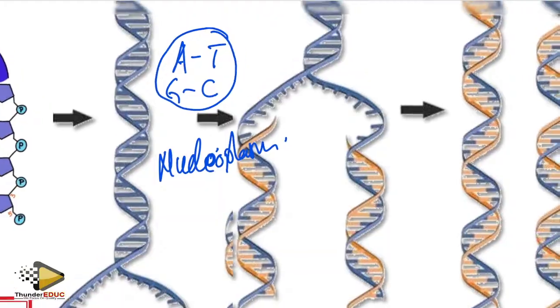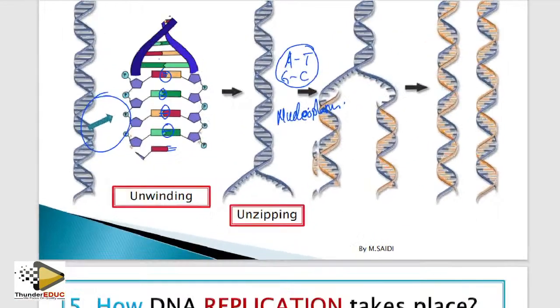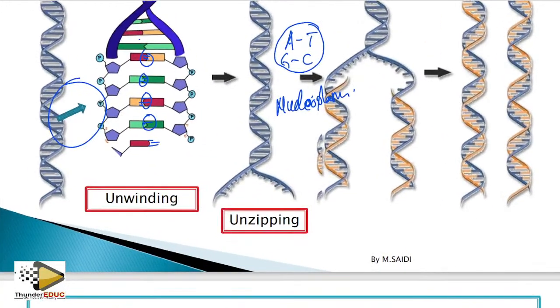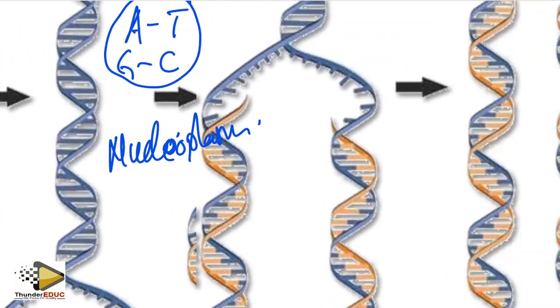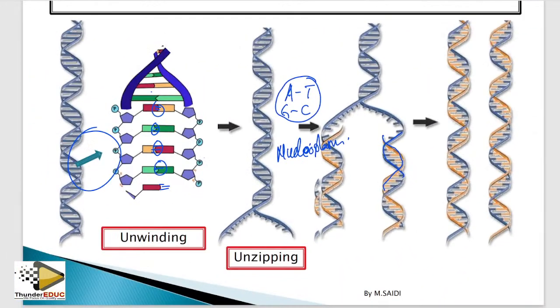So, meaning that now a complementary strand, let me zoom it out so that you see clearly. A complementary strand, which is complementary to this old one, is formed. You understand? So now you form two new DNAs.